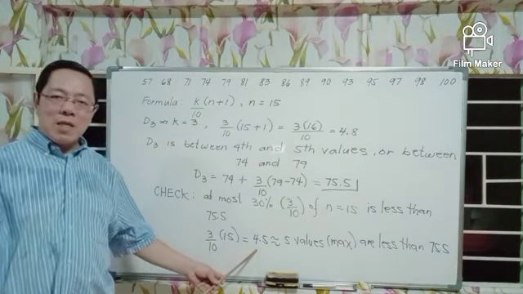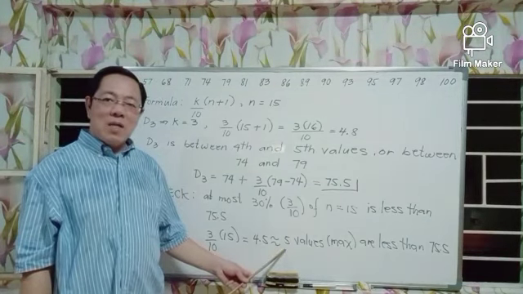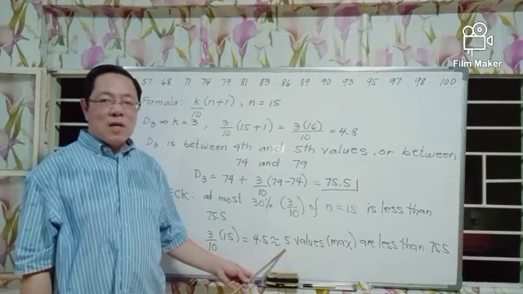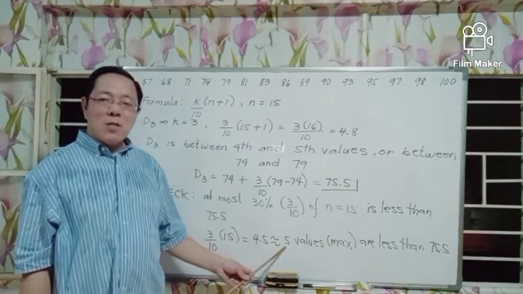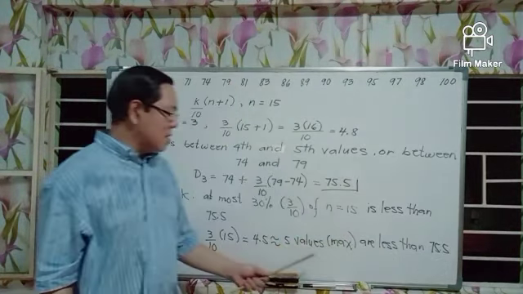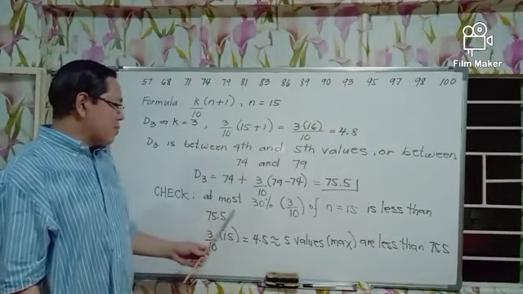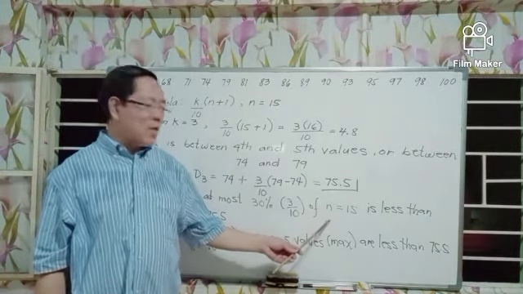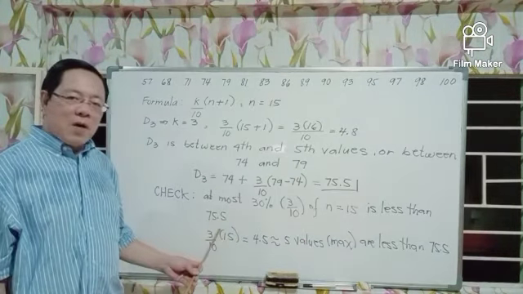Rounded up to the nearest whole number is 5. This means that 5 values maximum, the largest number of values that should be less than the third decile 75.5, is 5. That is what is meant by at most 30% of the sample size, or the number of values 15, is less than 75.5.